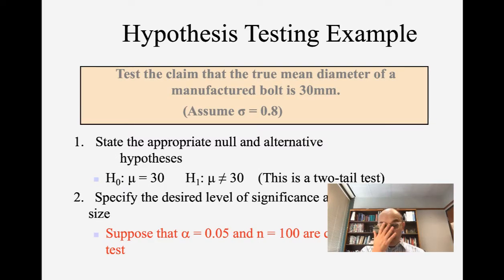For example, I'm stating the null hypothesis, and I'm going to say specifically the desired level of significance and the sample size. Suppose that the significance level is 0.05 and the sample size is 100.